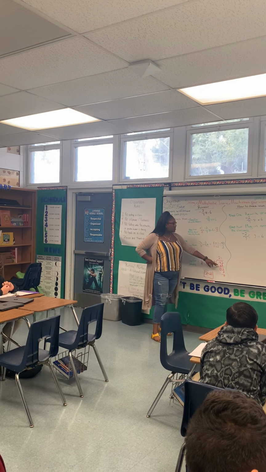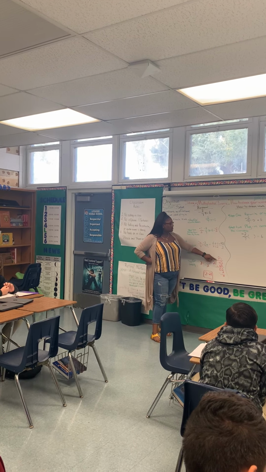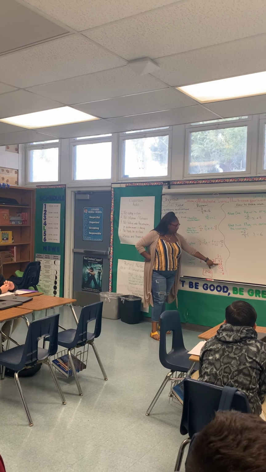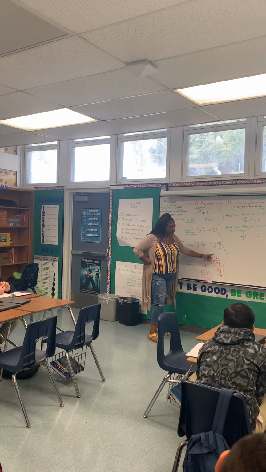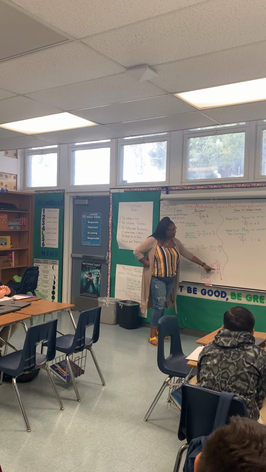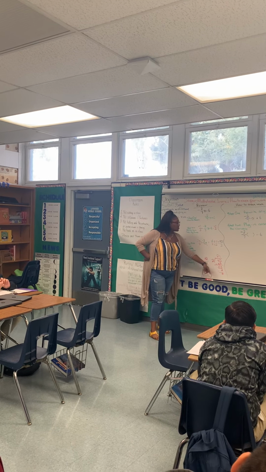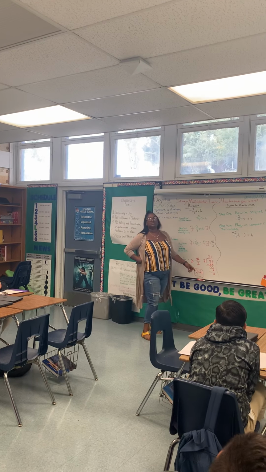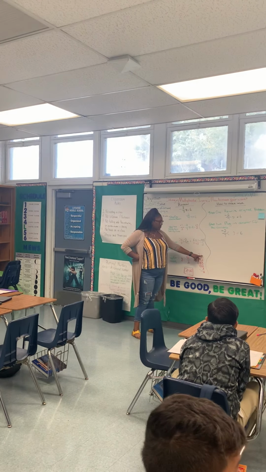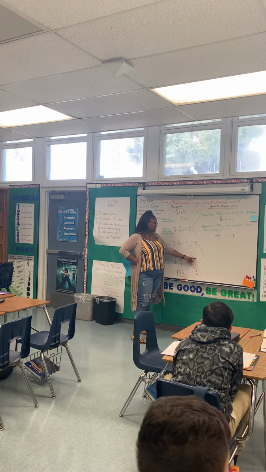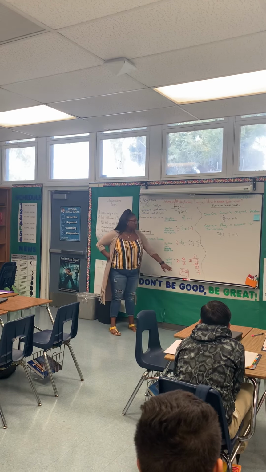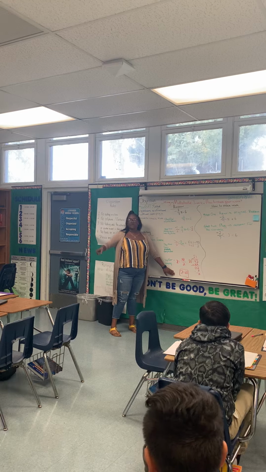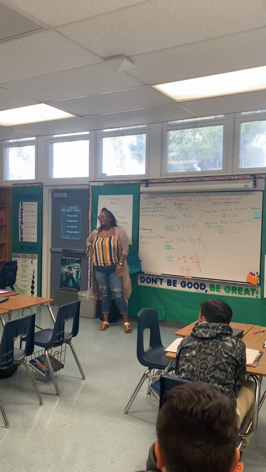Let's review. 2 goes into 4 2 times. 2 times 2 is 4. 4 minus 4 is 0. Then 2 can't go into 0, so we bring down our 2. 2 goes into 2 1 time. 2 times 1 is 2. 2 minus 2 is 0. So what's our new answer? What does x equal? 21.